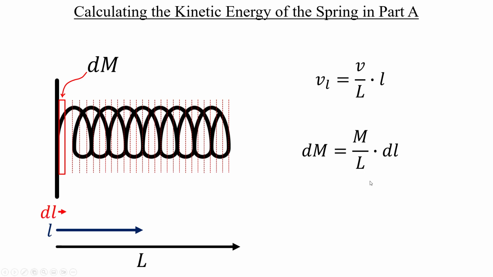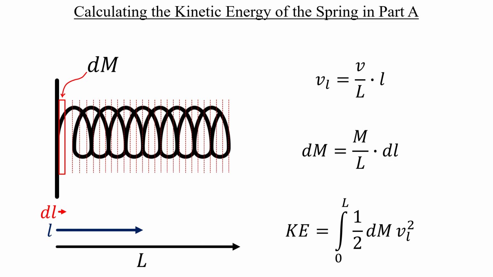With these two equations known, here's what we're going to do. We'll set up an equation that integrates the kinetic energy of each tiny little chunk, starting from the base of the spring all the way to the end. This form of equation is pretty similar to the kinetic energy equation that we're familiar with, 1/2 mv squared, but we're dealing with small chunks of an object here instead of one giant object.